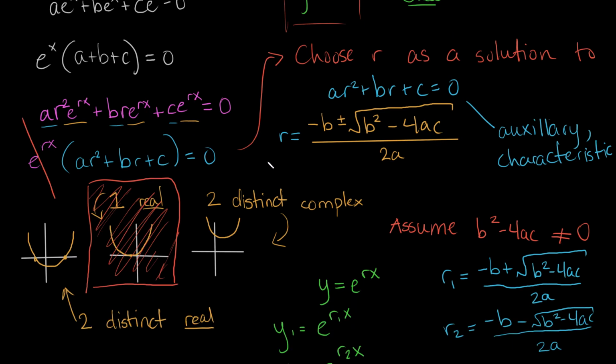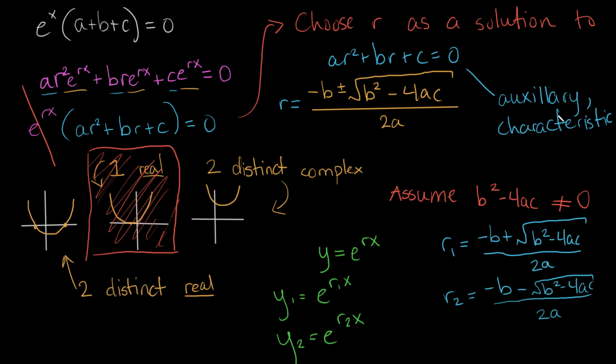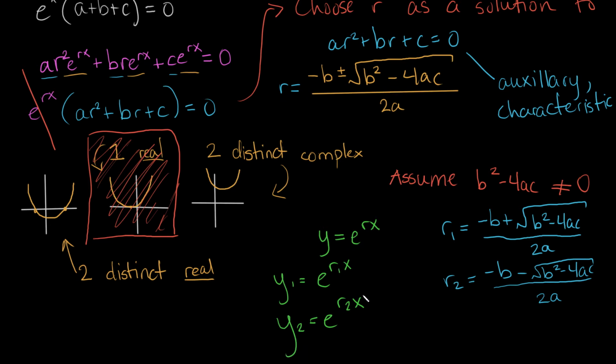We get this quadratic auxiliary equation, the characteristic equation of the differential equation, whose solutions r, when we plug these r's into y equals e to the rx, give us two distinct solutions to the differential equation.